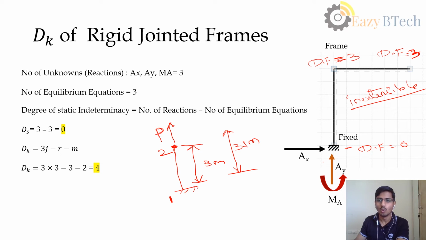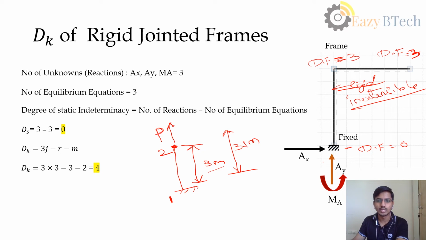Okay. What we assume here is inextensible. The beam is rigid. Even on application of the load, the change in dimension won't take place. The 3 meters will remain 3 meters after application of the load, whether it is a compressive load or tension.